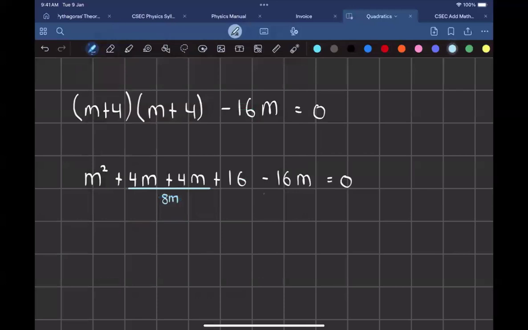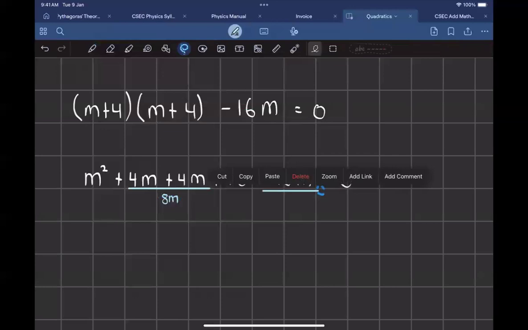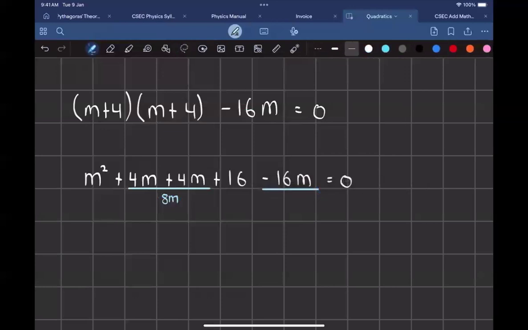Right, and where's 8m minus 16m? Right, 8m minus 16m, that'll be minus 8m. Plus 16. You don't have any other numbers to add.